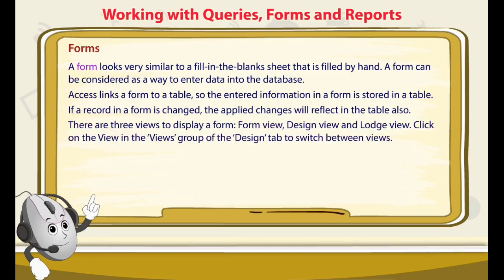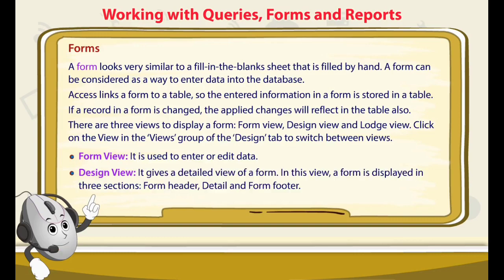There are 3 views to display a form: Form View, Design View, and Layout View. Click on the view in the Views group of the Design tab to switch between views. Form View. It is used to enter or edit data. Design View. It gives a detailed view of a form.